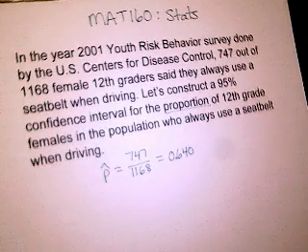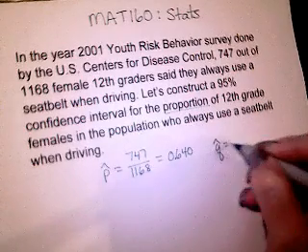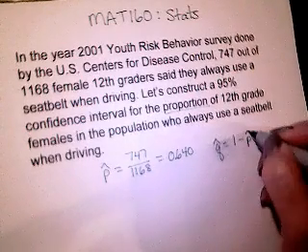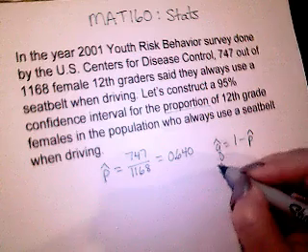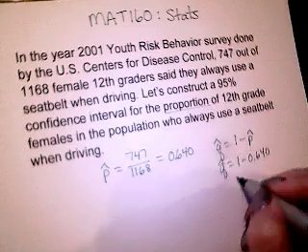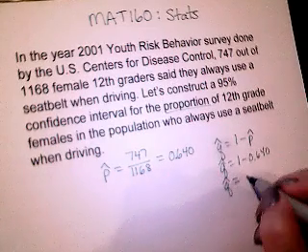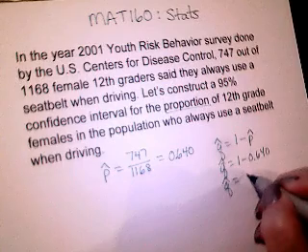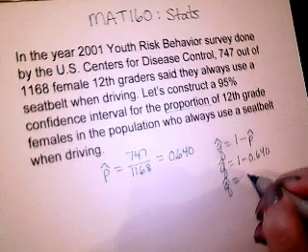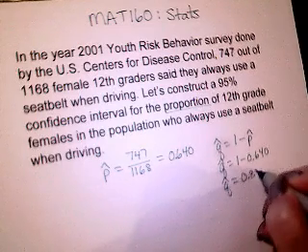All right, so if we know p hat, we will also need to find q hat. Remember that q hat is just 1 minus whatever that p hat value is. So in this case, my q hat will be 1 minus 0.640, which will give me a q hat value of about 0.360.